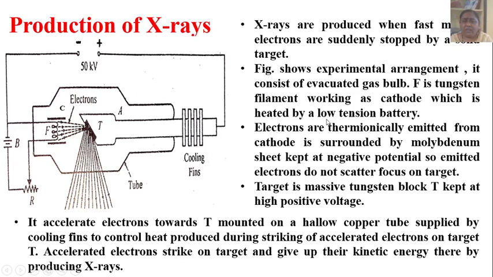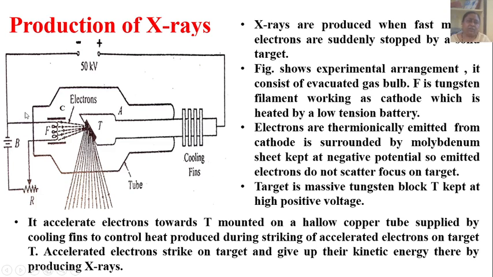Now electrons are thermionically emitted from the cathode, which is surrounded by molybdenum sheets kept at negative potential. So emitted electrons do not scatter, and focus on the target. See here target material. Now the anode terminal is made up of a metal with high melting point and high atomic number.